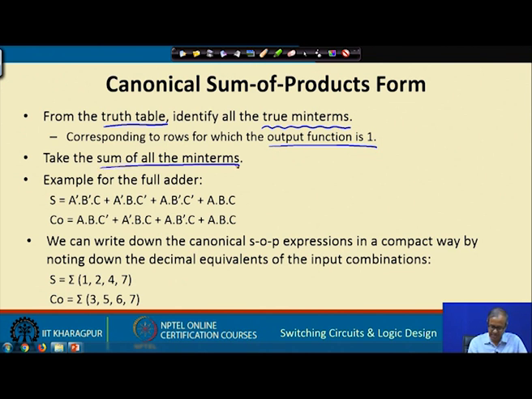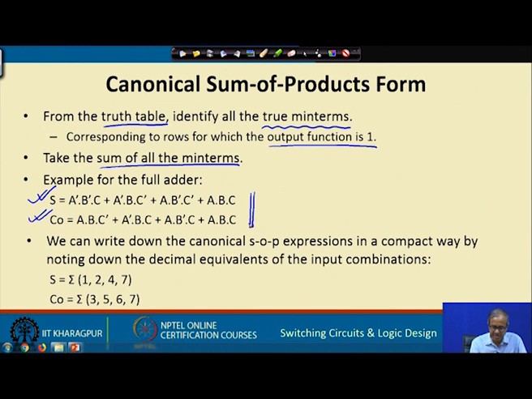We have already shown an example earlier for the full adder. For the full adder, sum will be like this and carry will be like this. You take all the corresponding rows for which the sum is 1, there are 4, and carry is 1, there are 4. Now, this is nothing but the canonical representation.